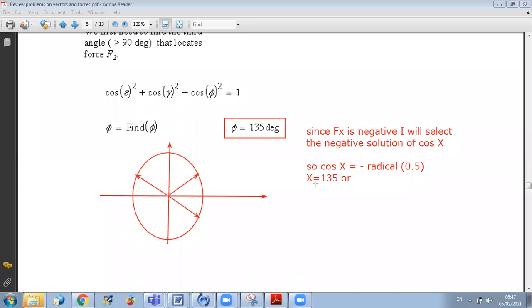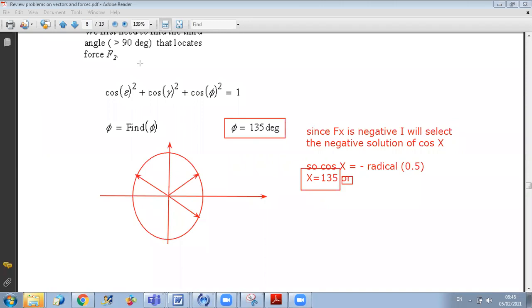However, for sine, it will give you plus or minus. So of course, I will select the value of cosine negative, and the calculator will directly give me 135 degrees, okay? Any question on this?